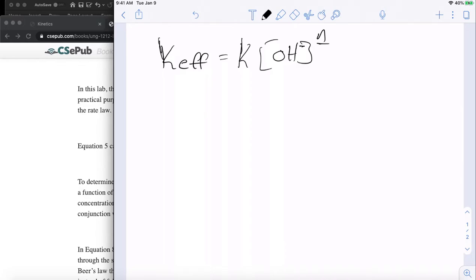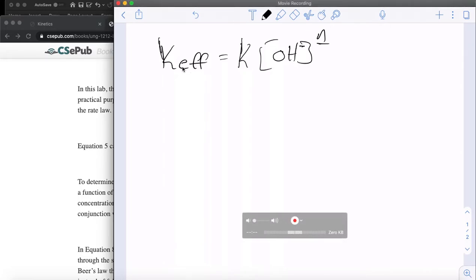For experiments 1 and 2, we've already found k effective, and we know the concentrations of hydroxide in experiments 1 and 2. The actual rate constant for experiments 1 and 2 should be the same.